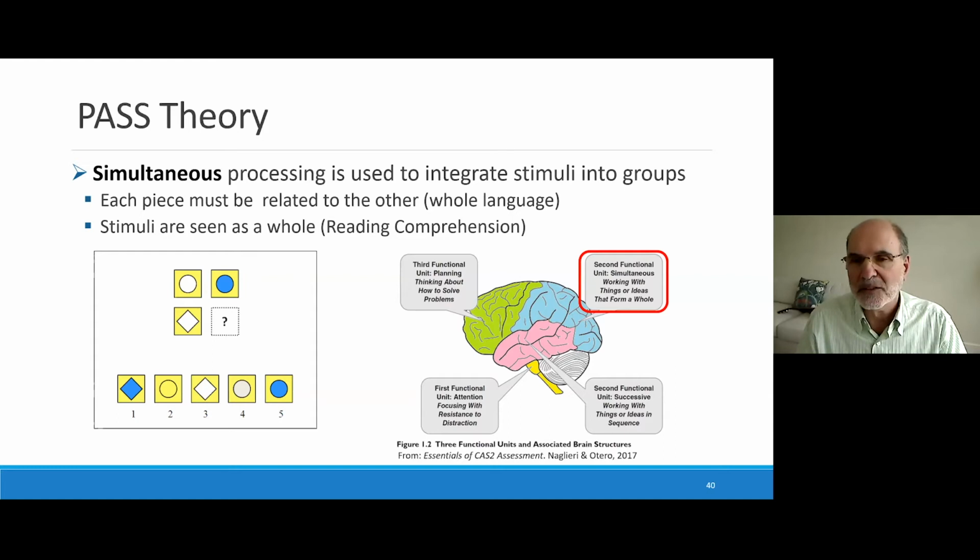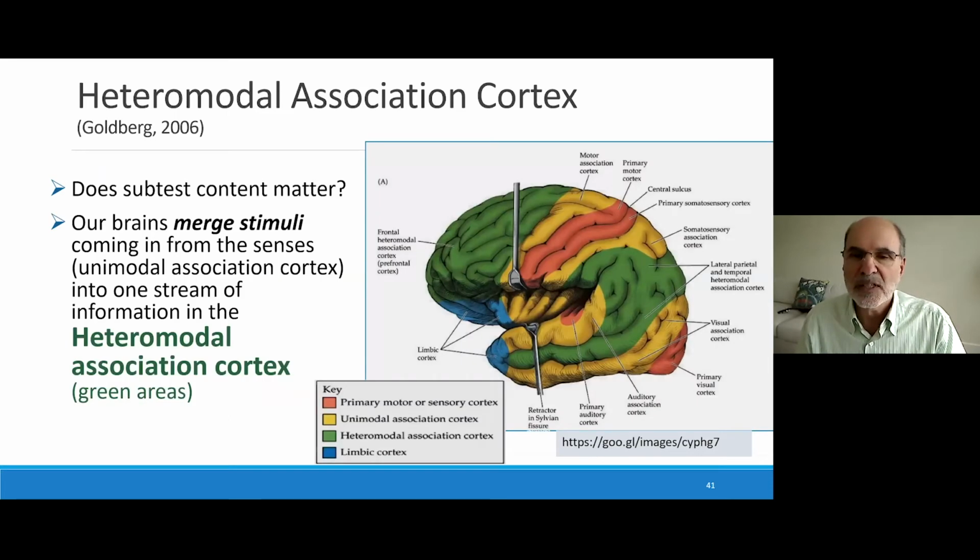Once you get down to the brain level, everything changes. Your perspective changes. And this part of the brain is really important, the heteromodal association cortex. Here is where all the modality stuff is stripped away. You know, when I was the age of all of you watching today, I was taught by Rita Dunn, who was a leader in modality-based instruction, visual, auditory, all that kind of stuff.